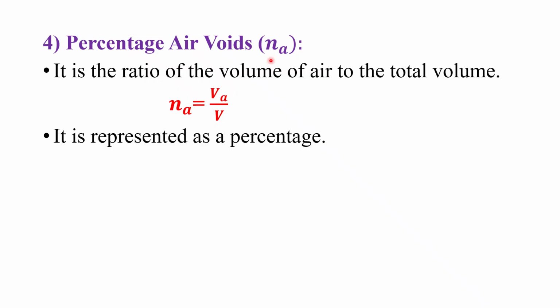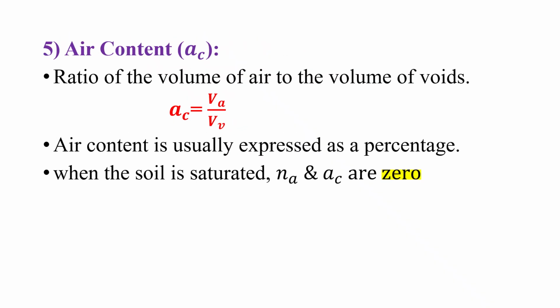Percentage air voids na. It is the ratio of volume of air to the total volume. It is expressed as a percentage. Air content ac. It is the ratio of volume of air to the volume of voids. It is usually expressed as a percentage. Both air content and percentage air voids are 0 when the soil is fully saturated.